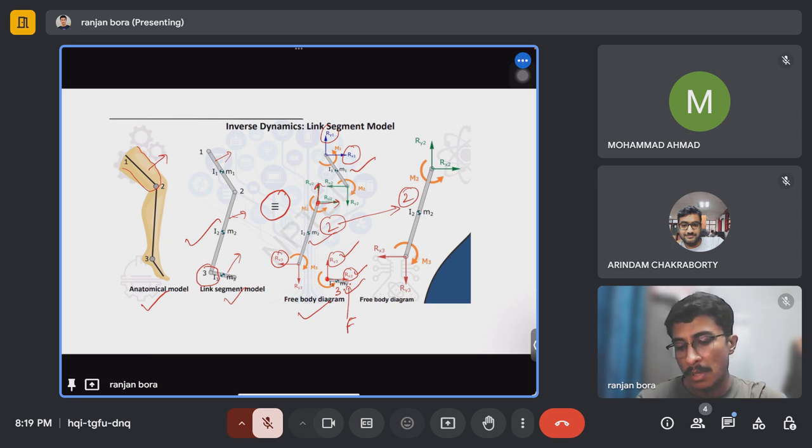So using the inverse dynamics approach, we can find the joint reaction forces at any joint in our body if we know the input parameters, which are the ground reaction forces and some anthropometric data of the body.